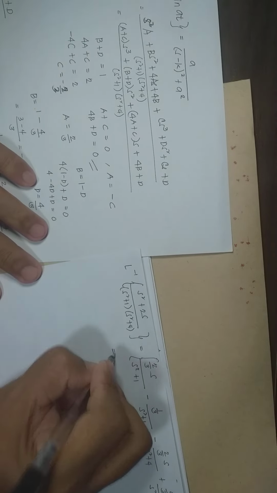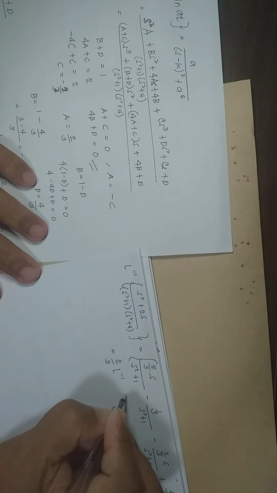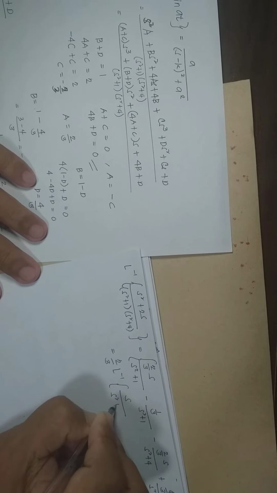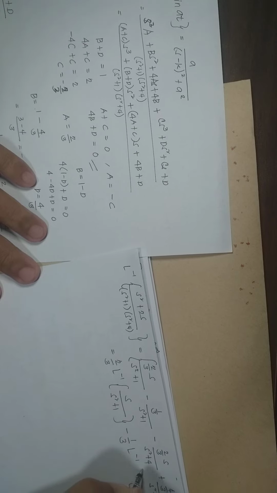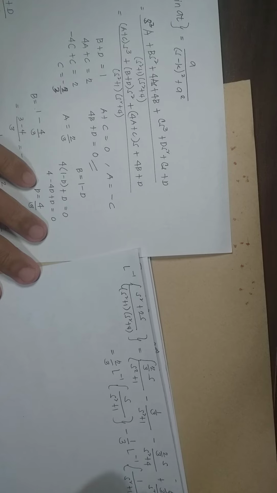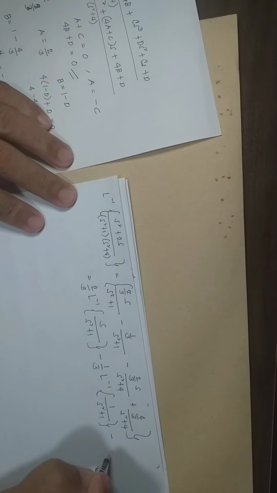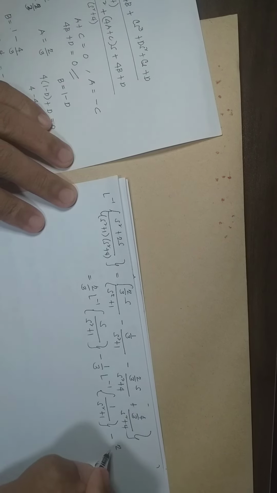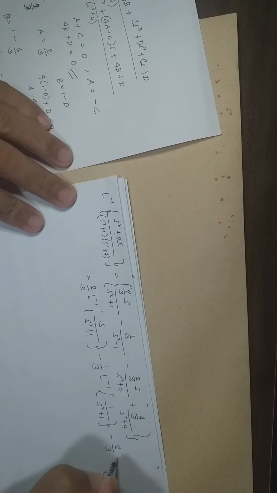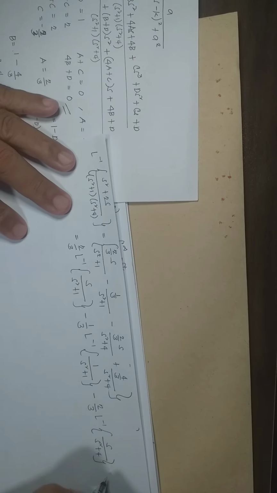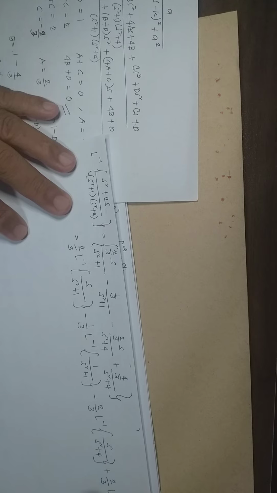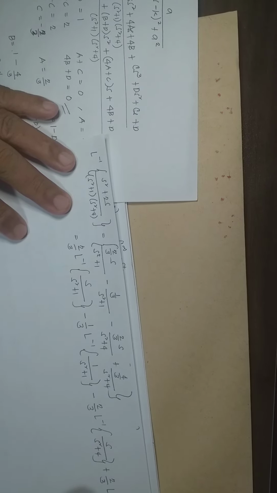So we can take out the 2/3. The inverse Laplace of s over s squared plus 1 minus 1/3 the inverse Laplace of 1 over s squared plus 1, minus 2/3 the inverse Laplace of s over s squared plus 4, and then plus 2/3 the inverse Laplace of 2 over s squared plus 4.